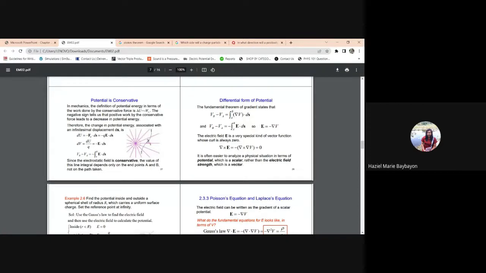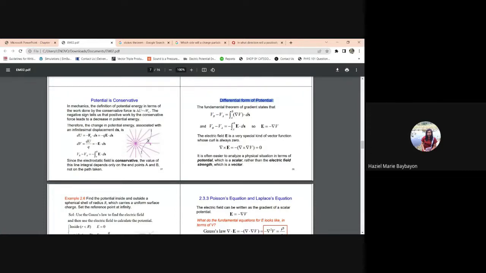All right, now in differential form, so we had the integral form of the potential difference, and we will also express it in terms of the differential form. Okay, so this is what I was talking about earlier, no? We have obtained the curl of the electric field, and it is equal to 0.